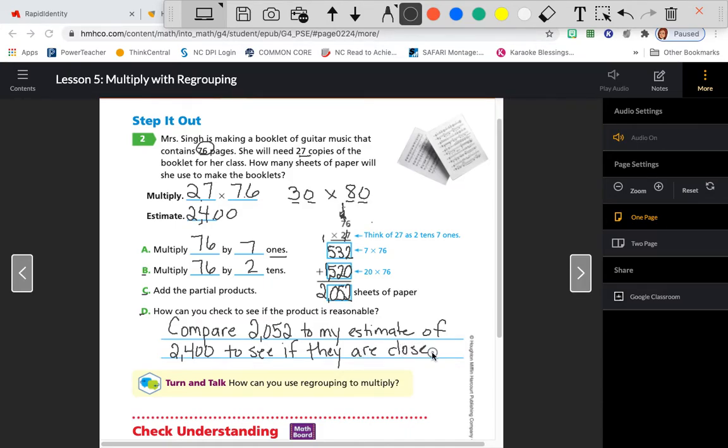And are they close? They are close, so we can say that our estimate is reasonable. All right, I want you to pause the video and complete Check Understanding on your own.